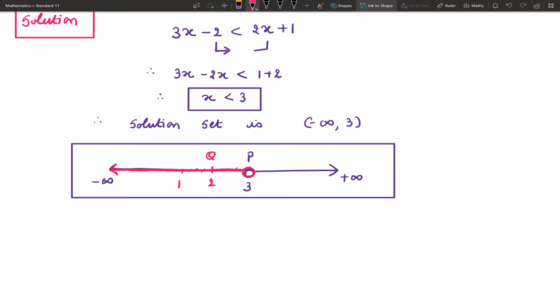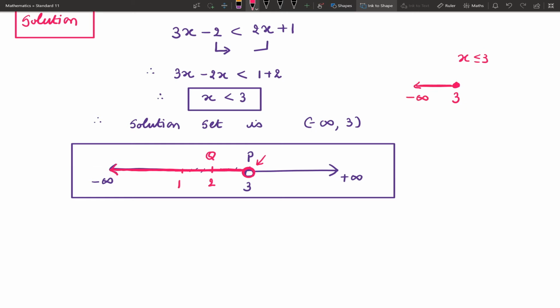Only you have to take care, if the inequality is strict, then here it will be a hollow circle. If we take a slack inequality, then at 3 you have to put a dark circle. This type of solution in the case of x less than or equal to 3, this is minus infinity.